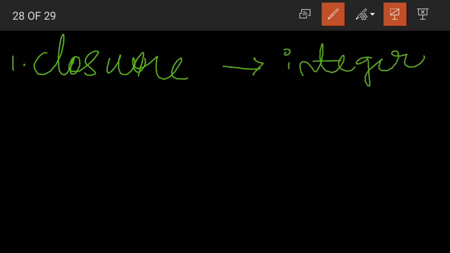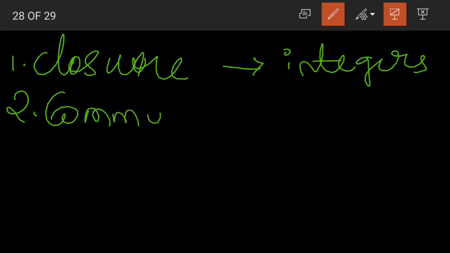Operation here does not mean surgery. Operation here means the mathematical operators plus, minus, multiply and divide. When we perform any mathematical operation on integers, the answer should also be an integer. Then it is said to satisfy the closure property.